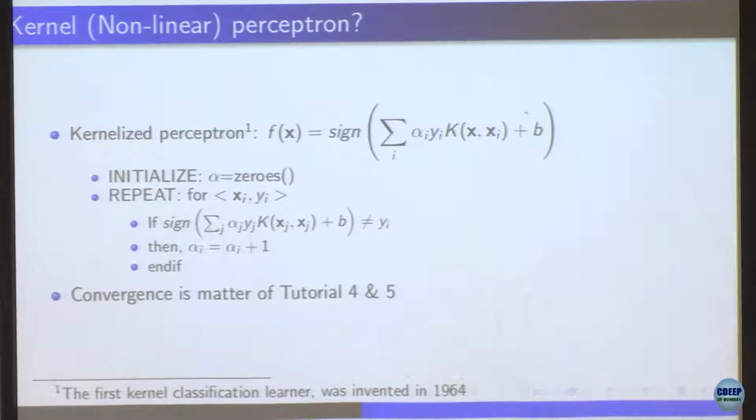So in practice, you would use a b, because b is basically the weight for the bias component of x. It is always set to 1.